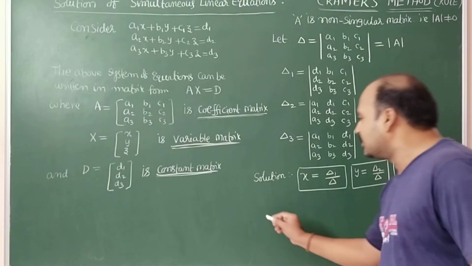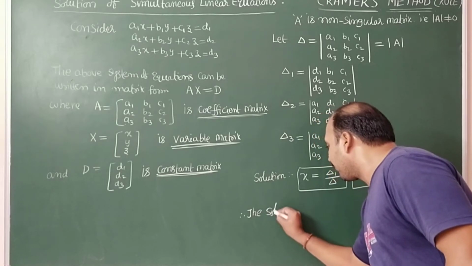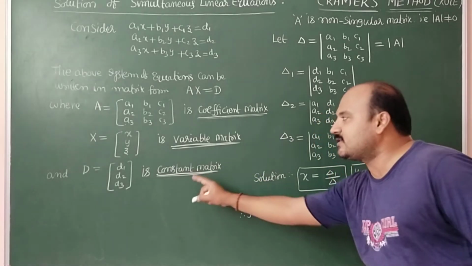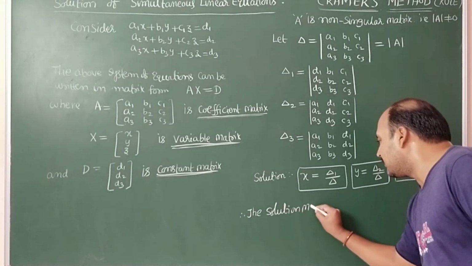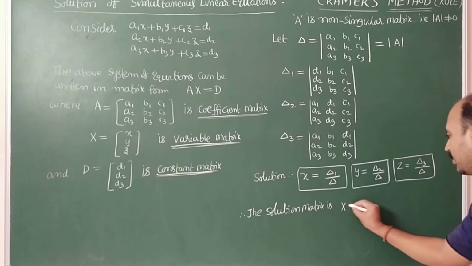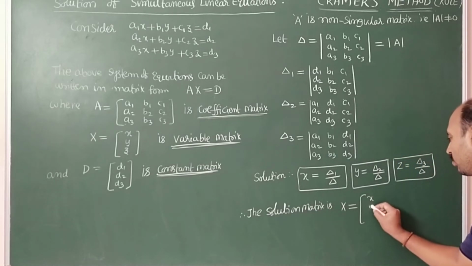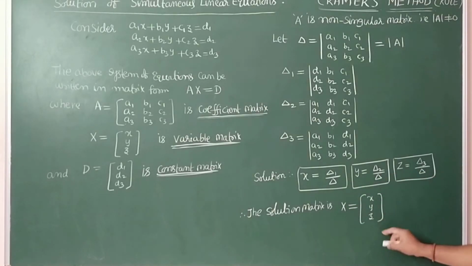But while writing the solution step, the solution matrix, that means the variable matrix, is capital X is equal to x, y, z. Whatever values we get here, you can keep it like this.